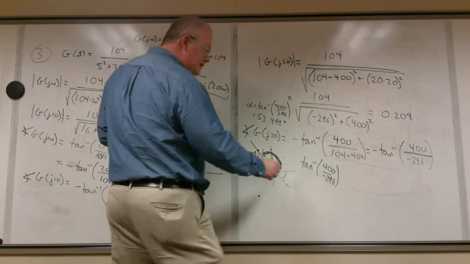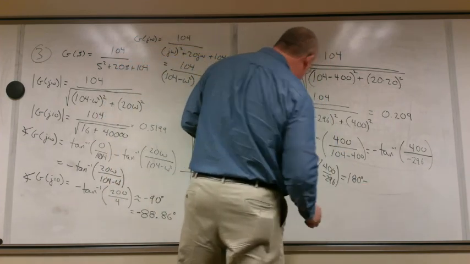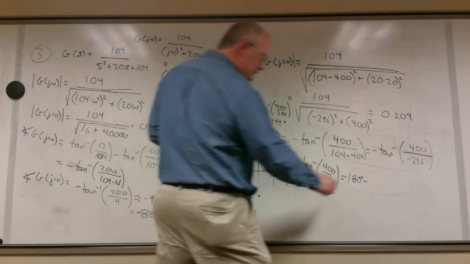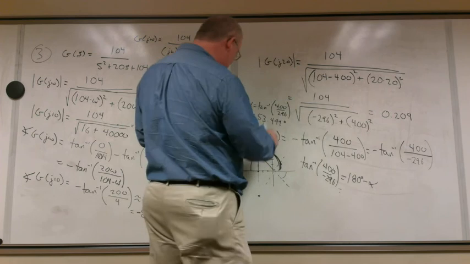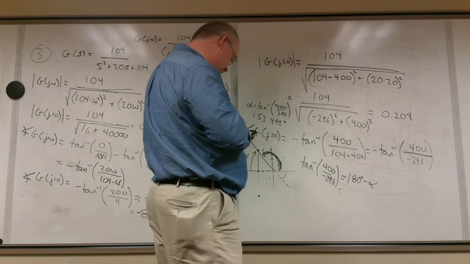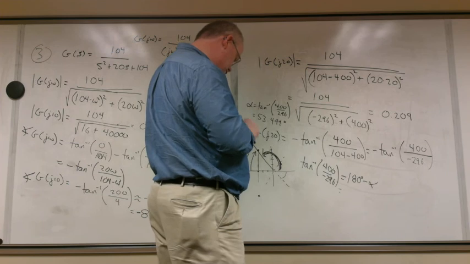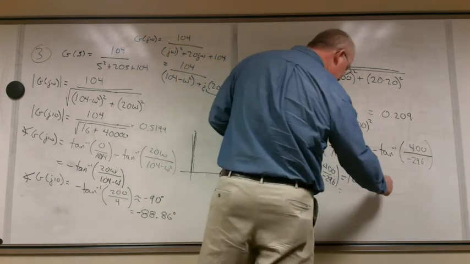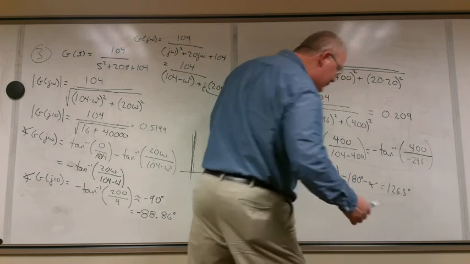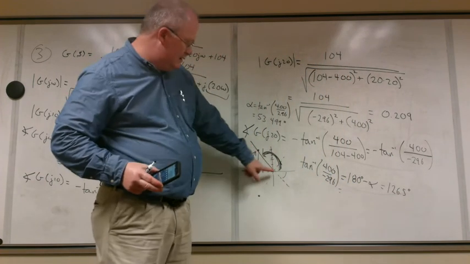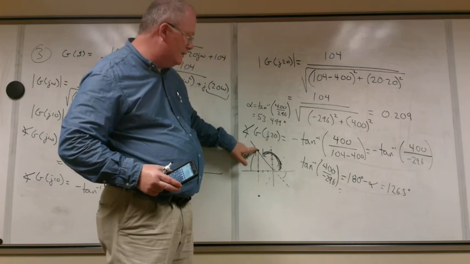It's going to be equal to 180 degrees minus this alpha, which is 180 degrees minus 53.499, and this is 126.5 degrees. So the angle from here to there is 126.5 degrees.